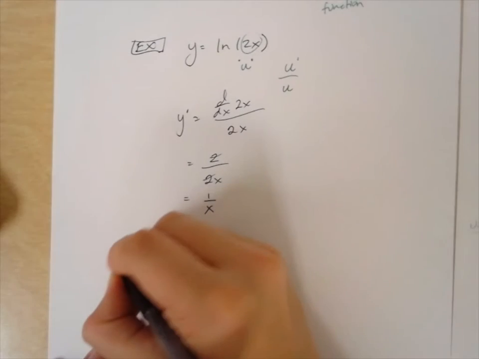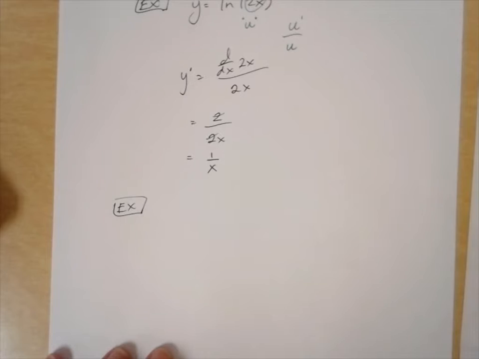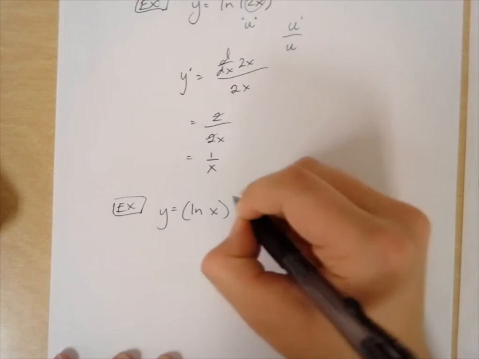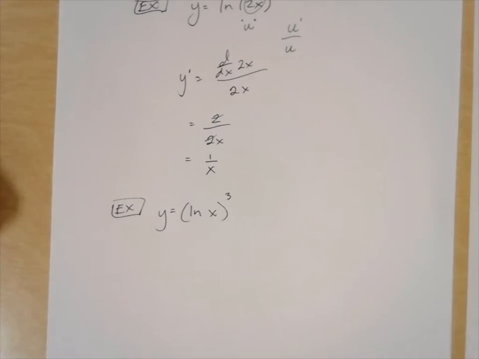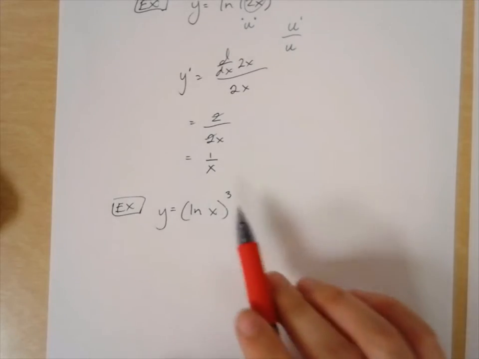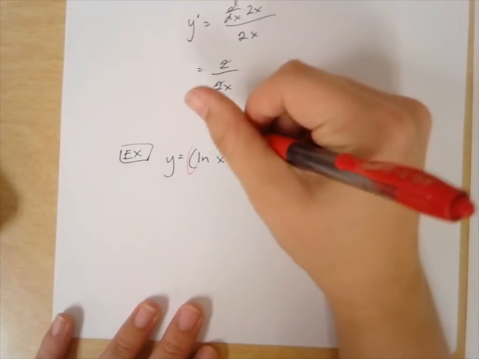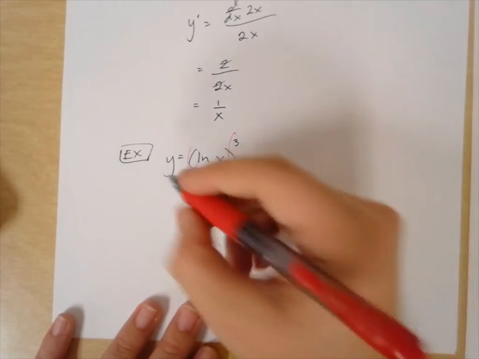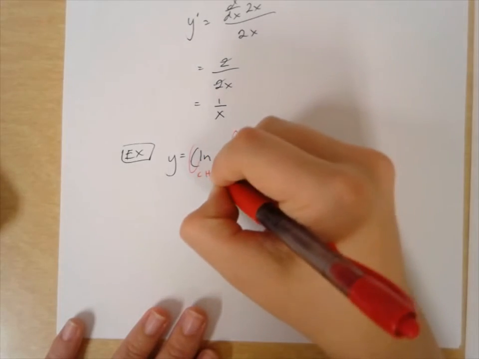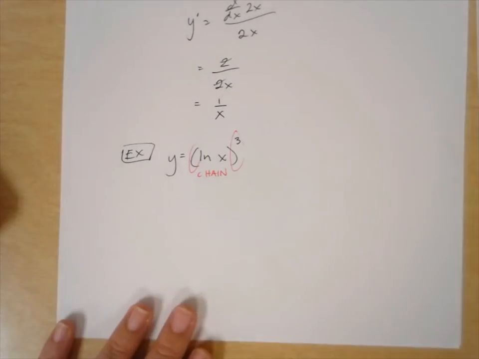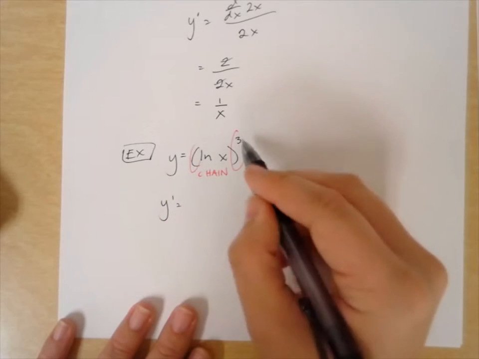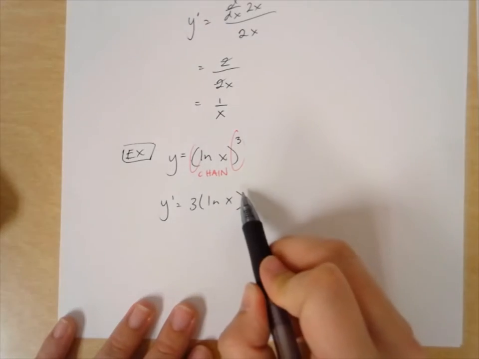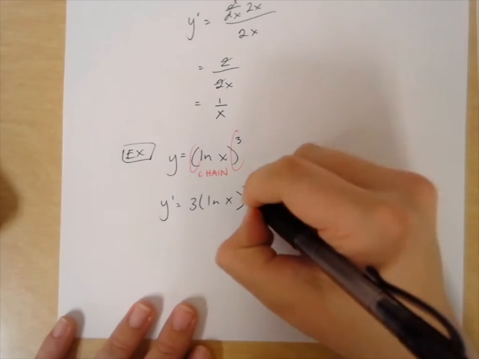If we had the example y equals natural log x cubed, whoa, before we look at u, check it out. This is a chain rule operation. We have a power on the outside, we have something going on inside, so we need to take the derivative of the outside and the inside separately. We take the 3 and put it out front, we say ln of x to the power of 3 minus 1, and 3 minus 1 is 2.